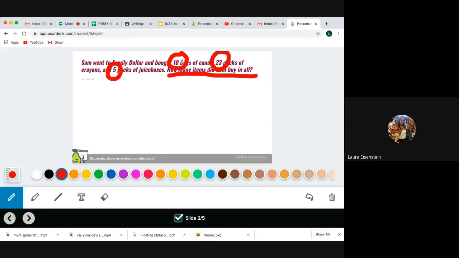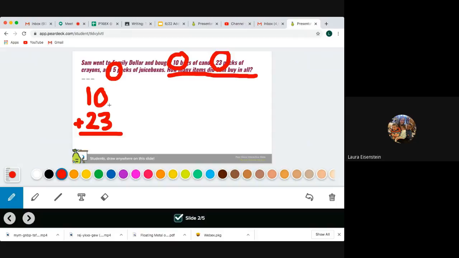So I have 3 numbers to add up. What I'm going to do is start with the first 2 numbers, 10 and 23, and add them because I need to figure out how many in all, which is addition.